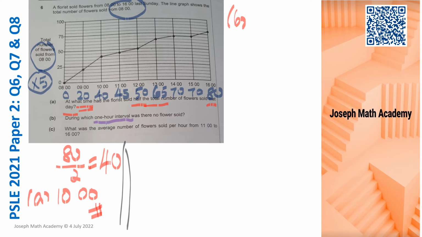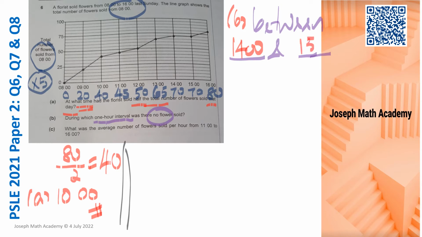Between what and what is there no increase, no flowers sold? If you look carefully, the only interval has to be 1400 and 1500.